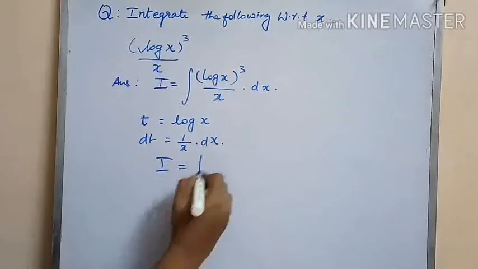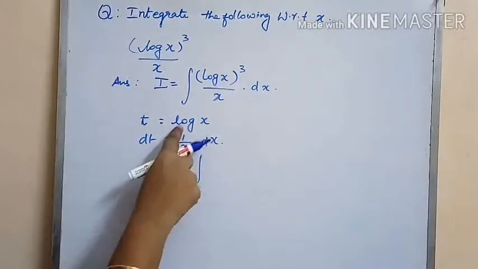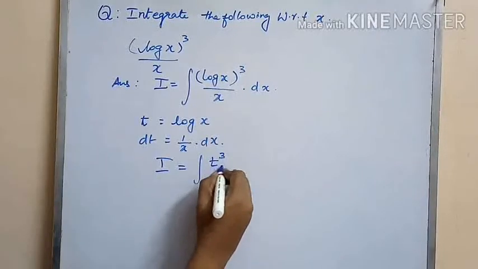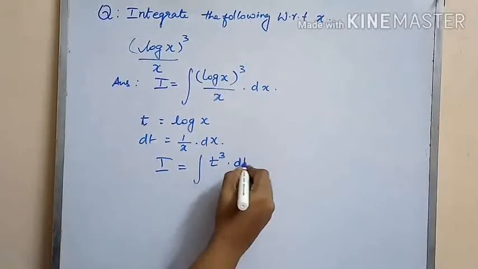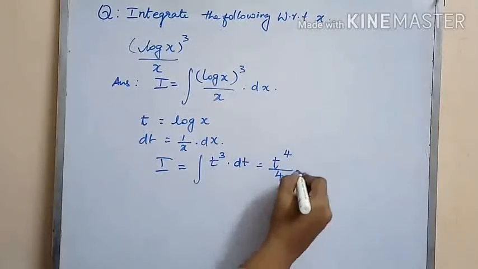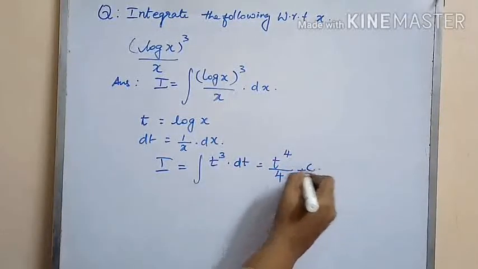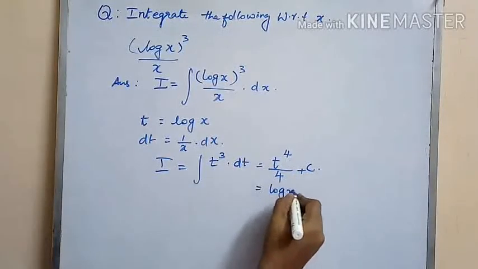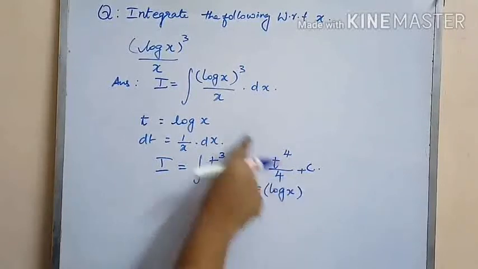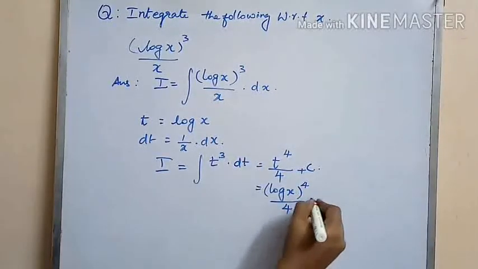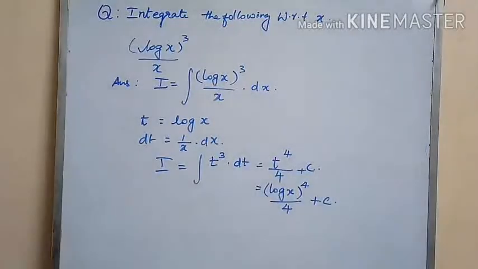Substituting the values, we get t³ dt, which can be integrated as t⁴ by 4 + c. Let us resubstitute t as log x, which gives (log x)⁴ by 4 + c.